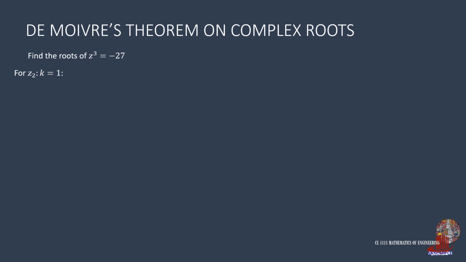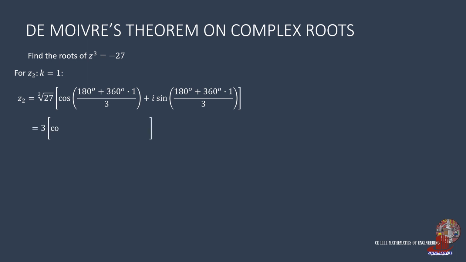For the second complex root, k is 1, making the equation the cube root of 27 times cosine of 180 plus 360 times 1 upon 3 plus I sine of 180 plus 360 times 1 all over 3. The argument is then taken as 180 plus 360 or 540 degrees.